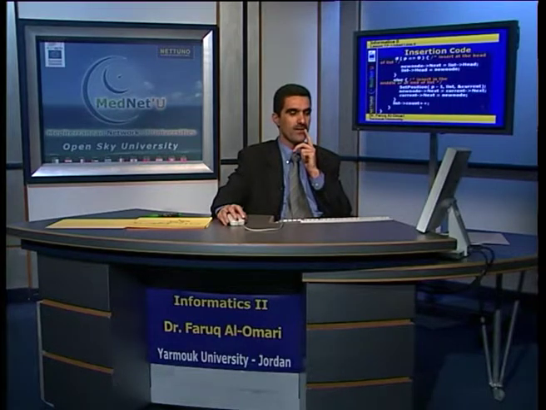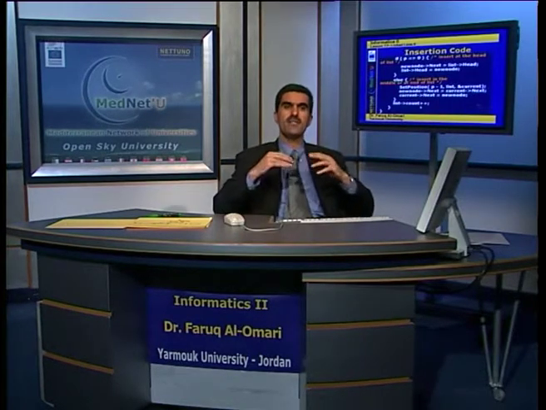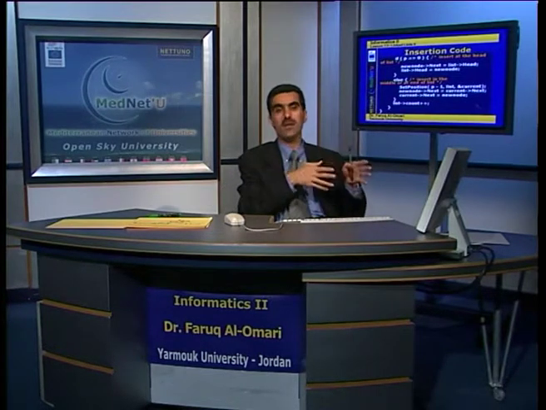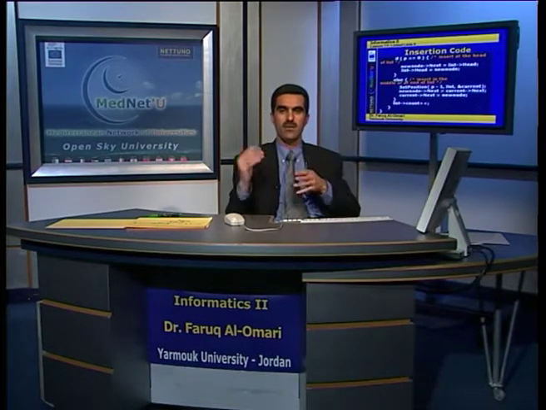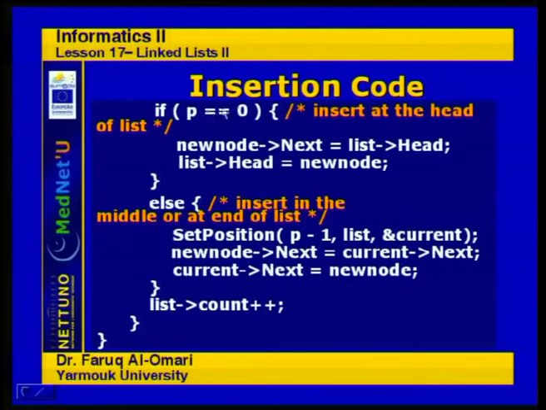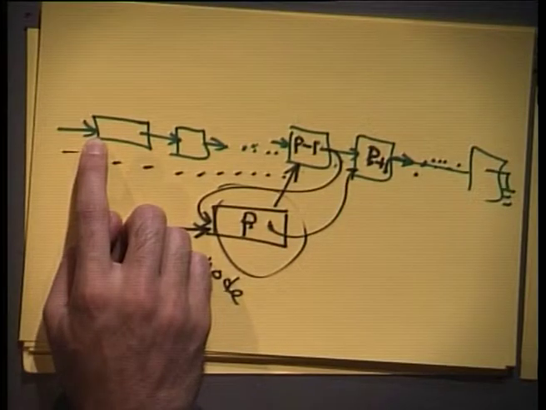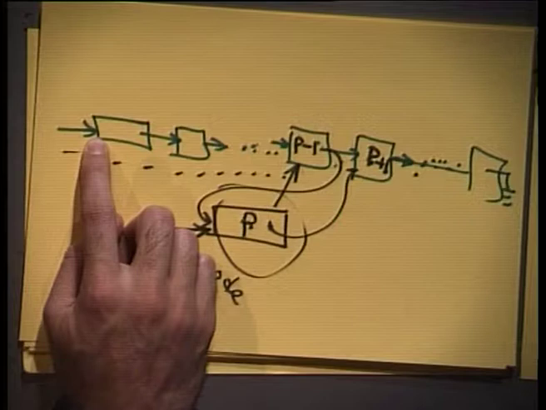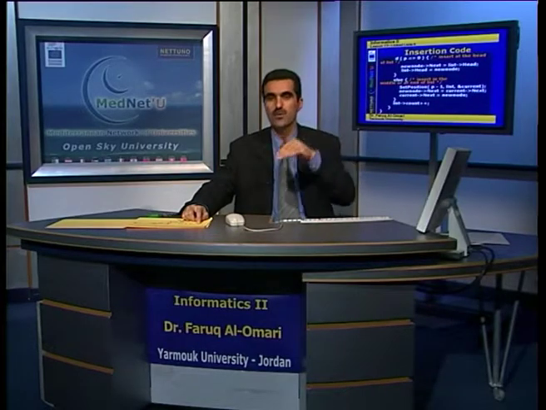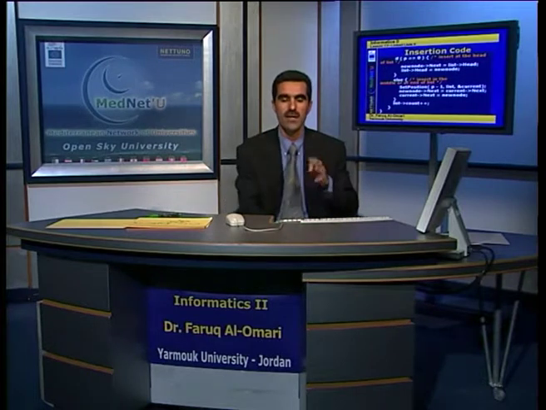What do I do after that? Well, now I'm going to distinguish between the three scenarios we talked about: either at the beginning, in the middle, or at the end. If position equals 0, that means this is position 0, right? I want the new node to be at position 0. That means I want head to point to that. It's the first node in the list.